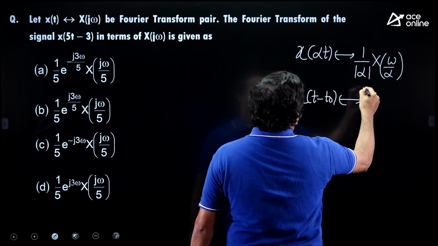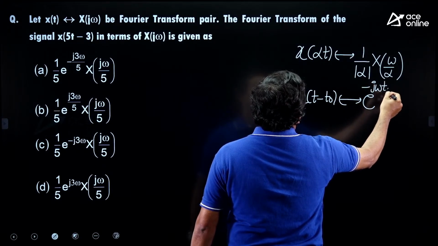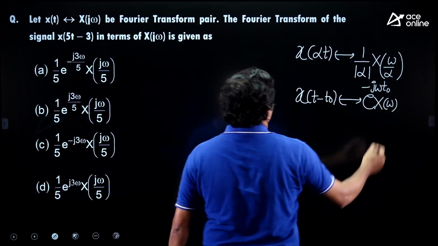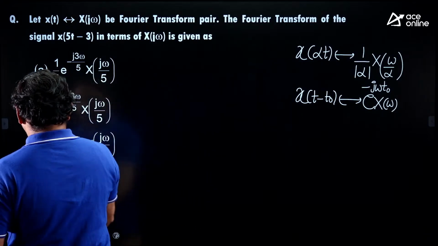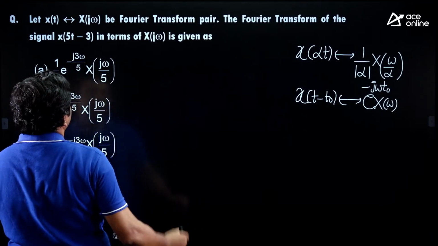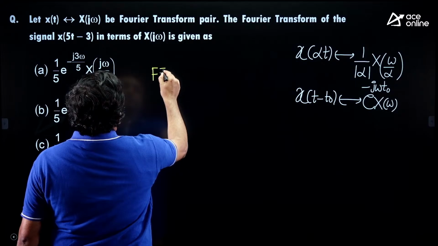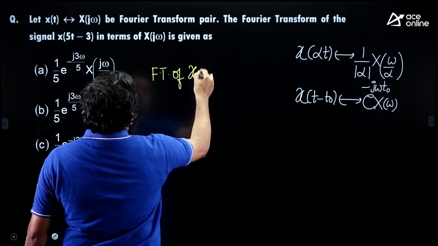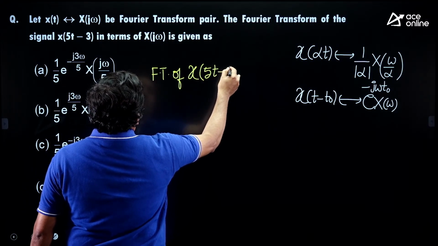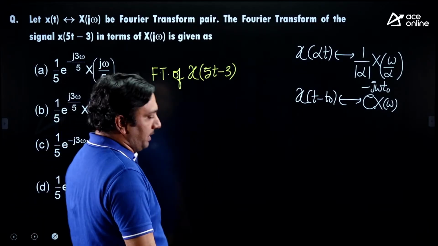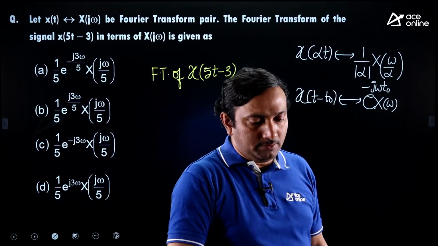Because of shifting, what is the extra multiplier? e power minus j omega t naught. So think and respond. Which is a possible answer? We want the Fourier transform of x of 5t minus 3.